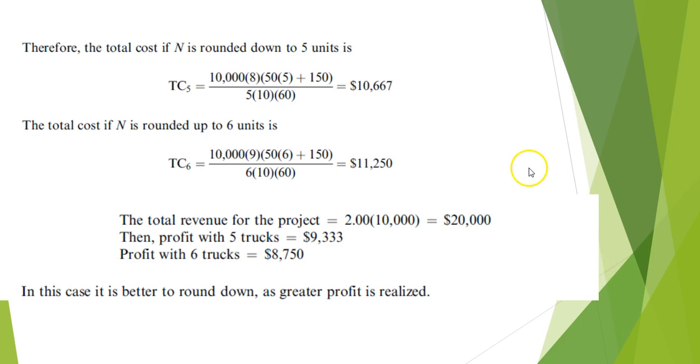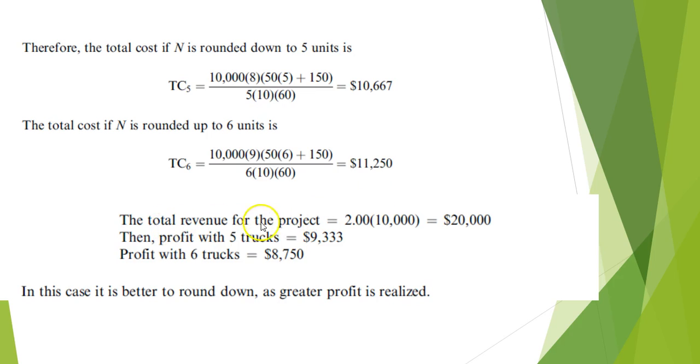If you round N down to 5 units, you'll find the total cost is $10,667 to move that pile. If you round up to 6 units, again, you got another truck, but you probably have better productivity with the loader. The total cost is $11,250 to move that pile.